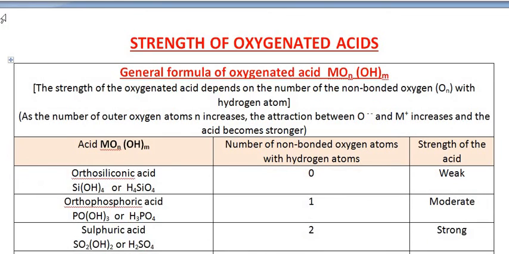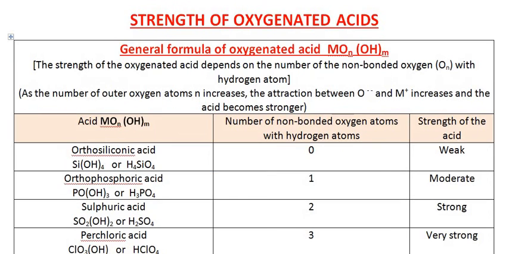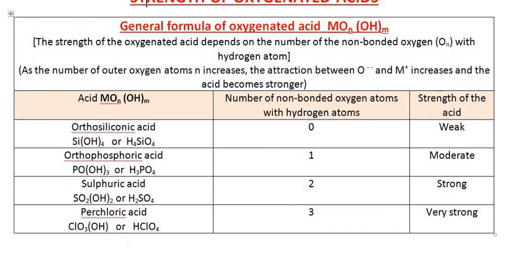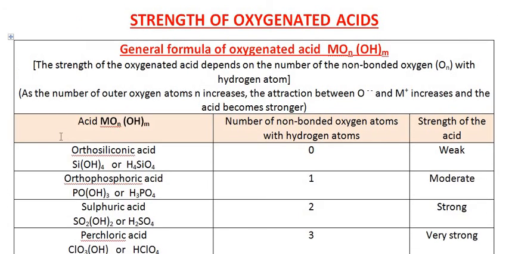Here are some compounds. Acids may contain oxygen or not. Acids which contain oxygen are called oxygenated acids. The strength of the oxygenated acid depends on the number of oxygen atoms that are not combined with hydrogen.